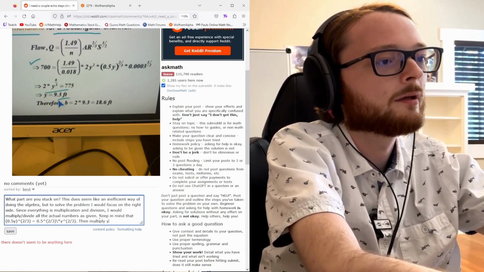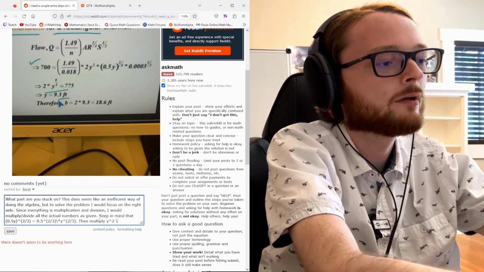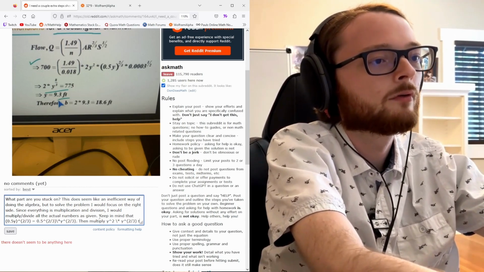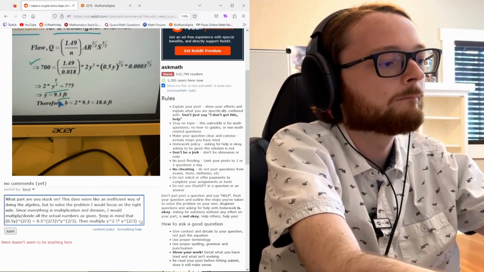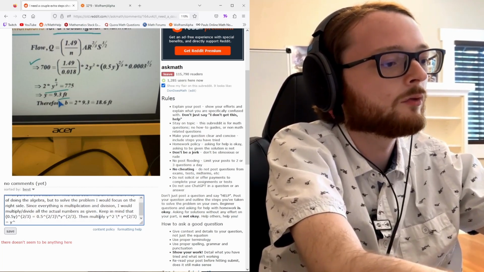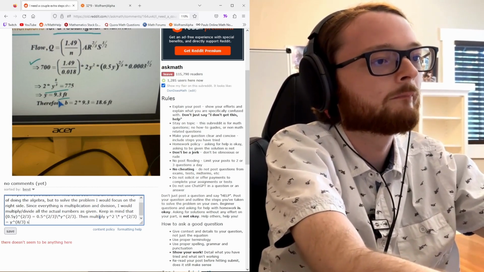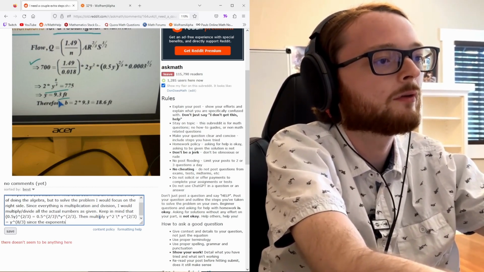Then multiply y squared times y to the 2/3, which equals y to the 8/3, since the exponents add.